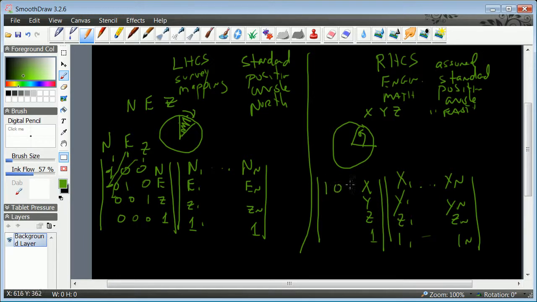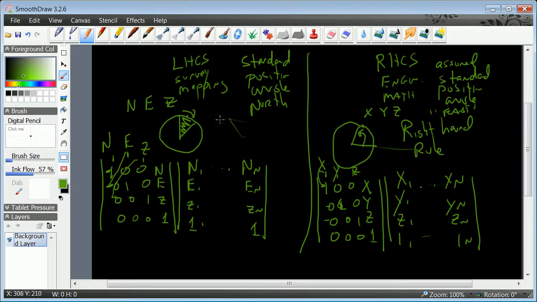Once again, 1 0 0, 0 1 0, and 0 0 1, and of course along here we have zeros along the bottom, where the first row and the first column is the X, the second column and the second row is the Y, and the third column and the third row is the Z. What you're going to need to know finally is that on this side, you use the right hand rule, and on this side you use the left hand rule.